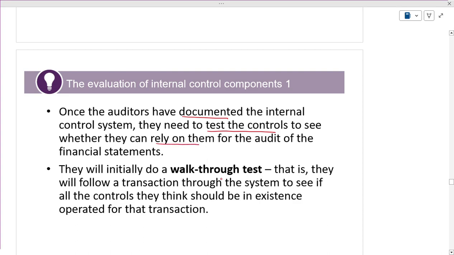This is the next stage: test of controls. In the test of controls, one of the methods is that you do a walkthrough test.